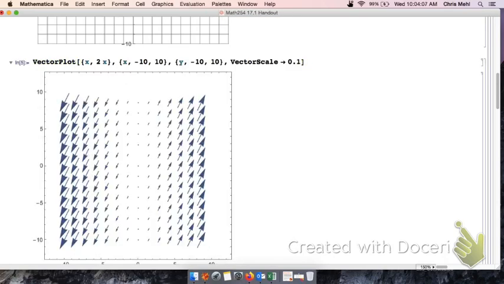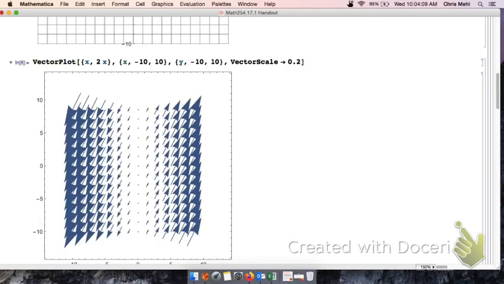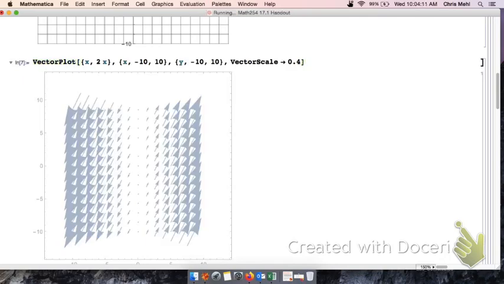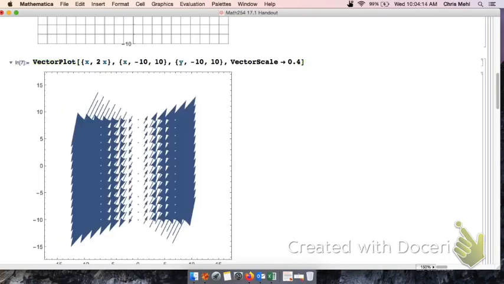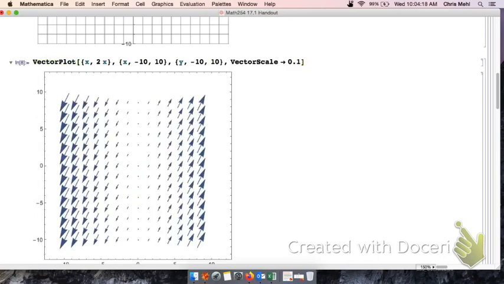And do 0.1, 0.2. But after a while it starts getting ridiculous. The vectors fall on top of each other. So I like VectorScale 0.1 here to display this vector field nicely.